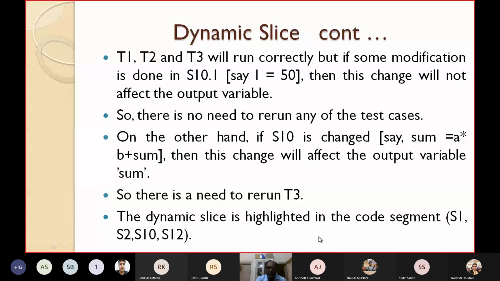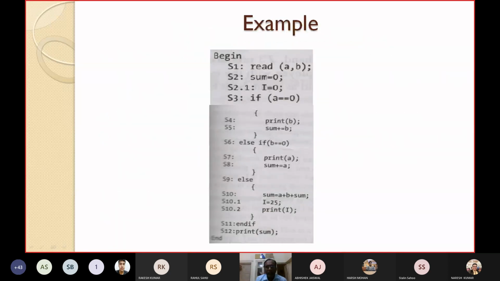What is the dynamic slice you can see? I have already told you T3 will execute the sum value, both of them non-zero. And what will be printed? The sum value. So S10 and S12. And where will you get the value? S1 and S2.